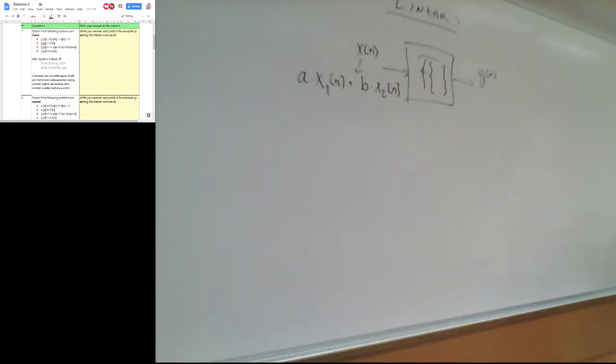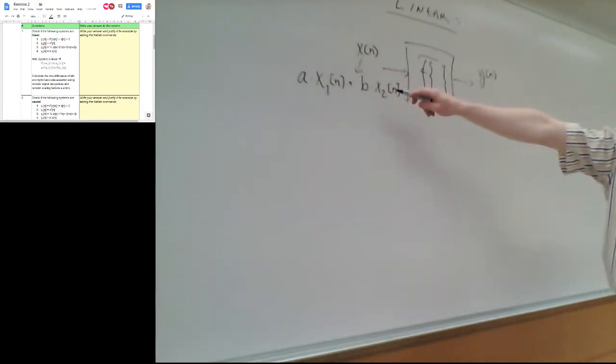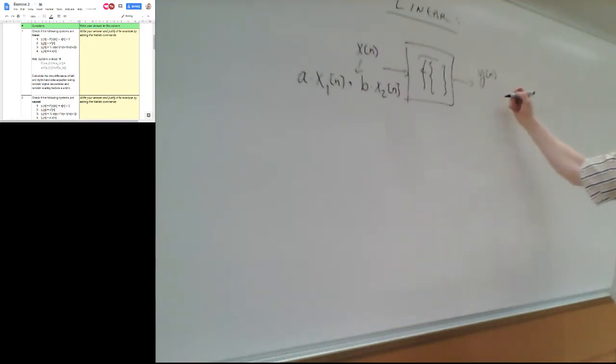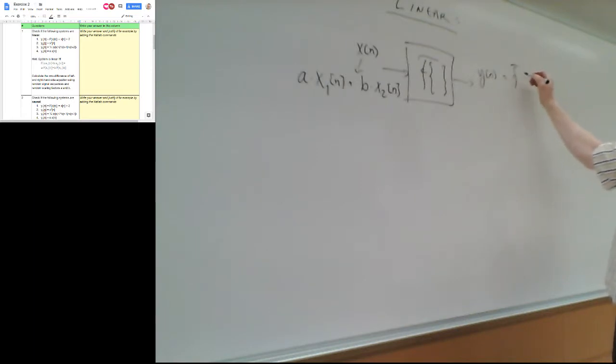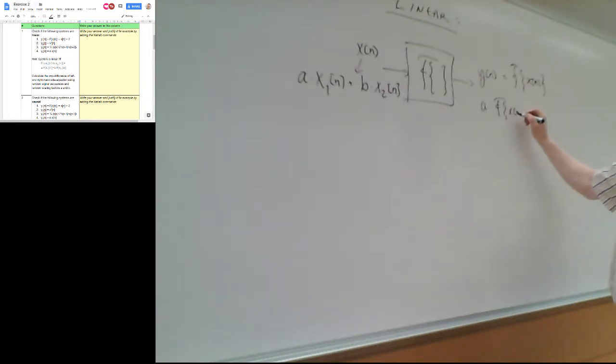So the input signal is a combination of different signals, and they are even scaled with arbitrary numbers. What should come out is actually, well, for x[n] it would be like this, but for that input you should get a times f(x1[n]) plus b times f(x2[n]).